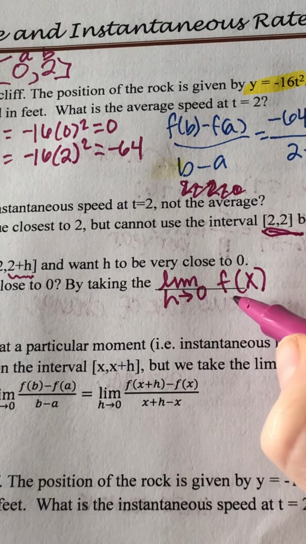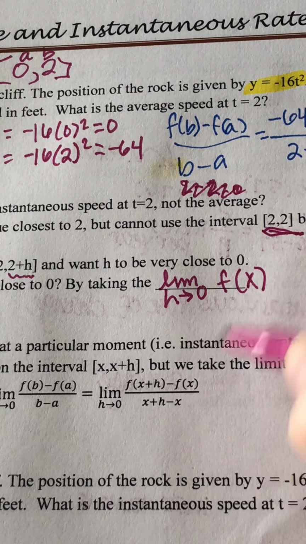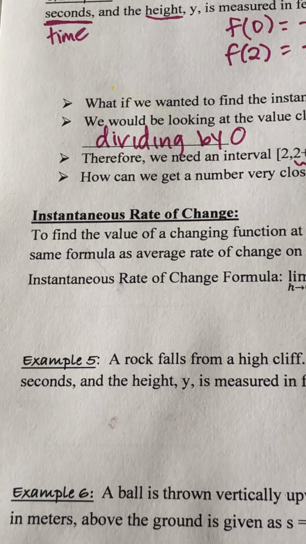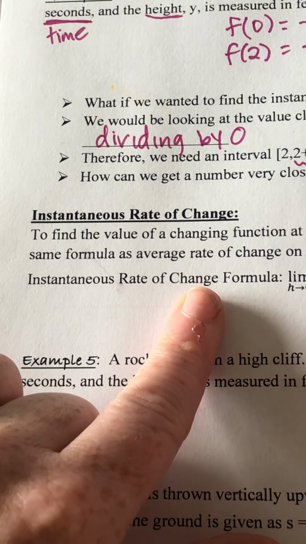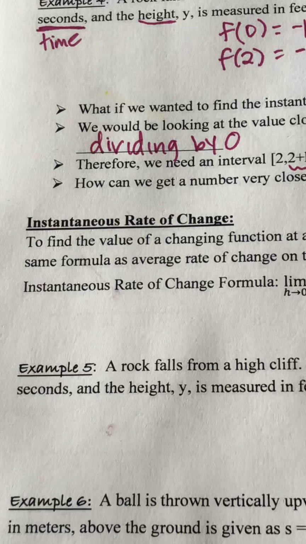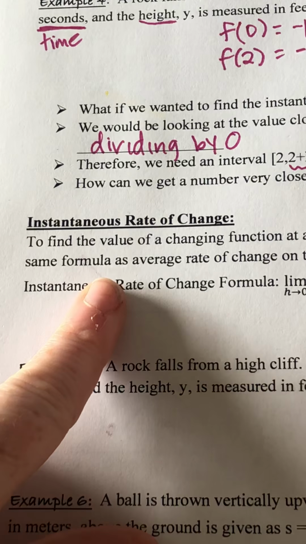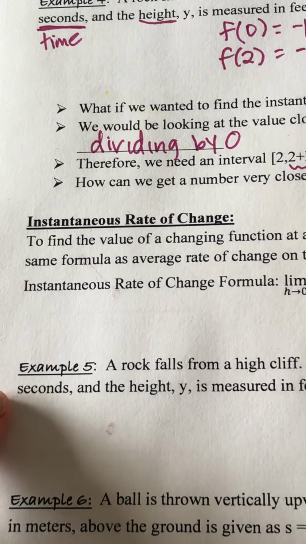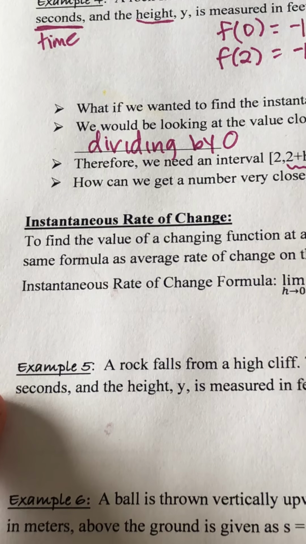And it's not just the function; your formula is below. So, instantaneous rate of change. To find the value of a changing function at a particular moment, we use the same formula as the average rate of change on the interval x comma x plus h, but we take the limit as h approaches 0.